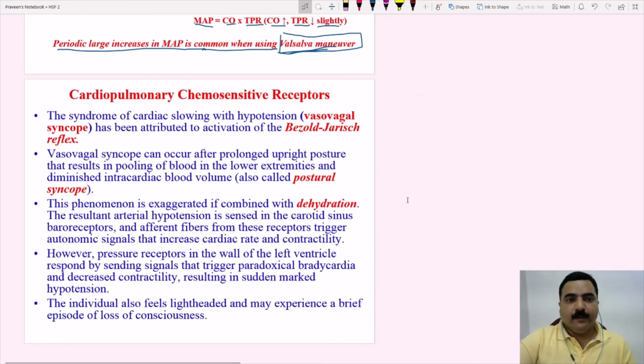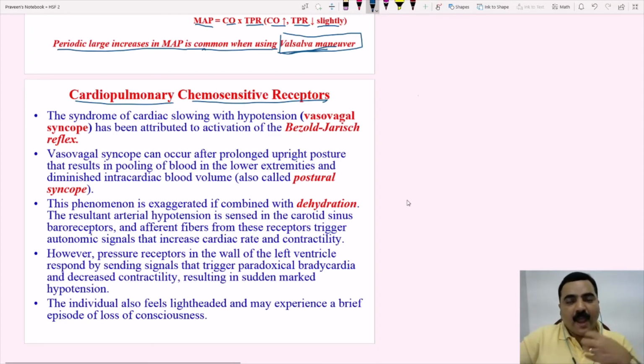Okay, now the other topic that we can cover, small minor topics, includes the cardiopulmonary chemosensitive receptors. For example, when a person sees an emergency, or sees blood or something, what will happen?